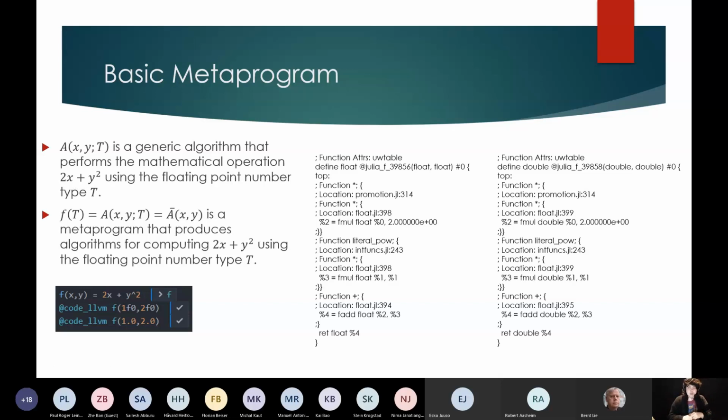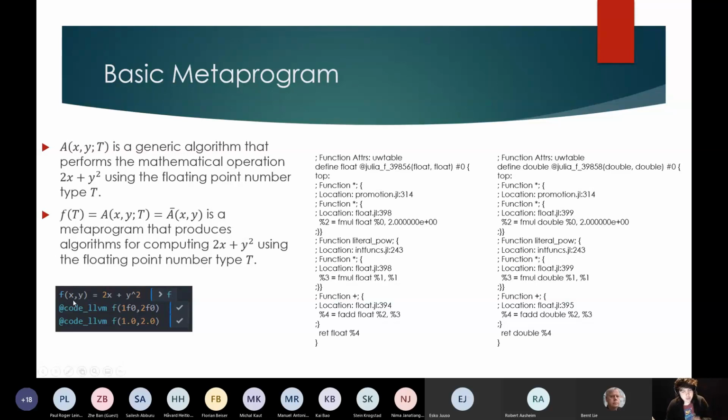So here you can say, make the type of these numbers be Float32 or Float64, and that instantiates a version of the function which then actually has a true meaning. And Julia does this by default.